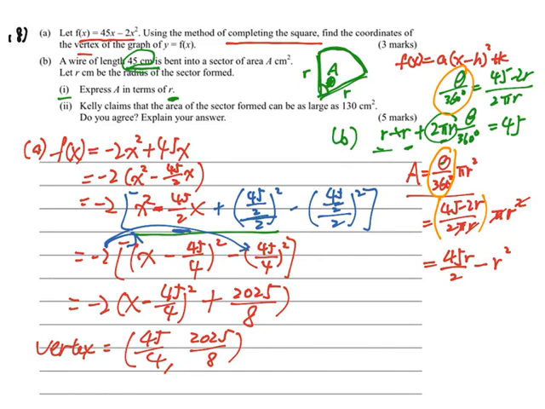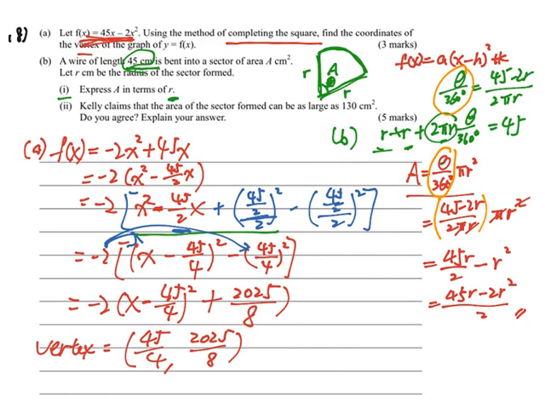Actually, you can use this format, 45R minus 2R squared over 2. Actually, it is very similar to the function. You can see the upper part is very similar. Okay, so this is the end of part B.